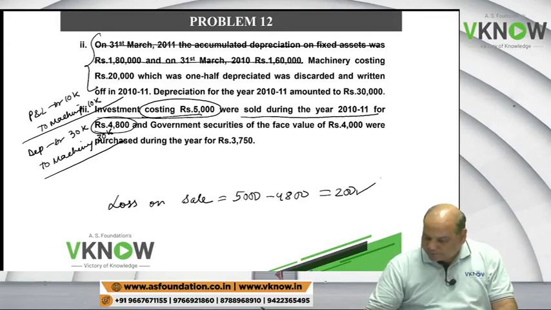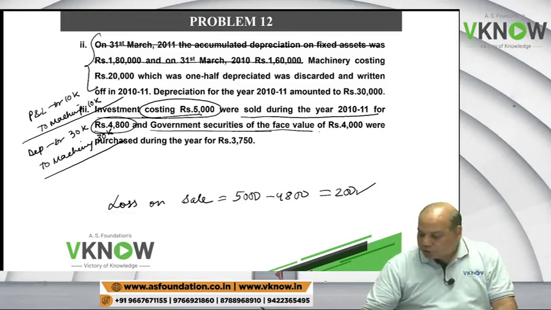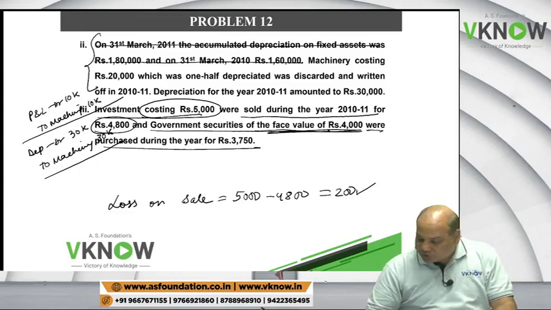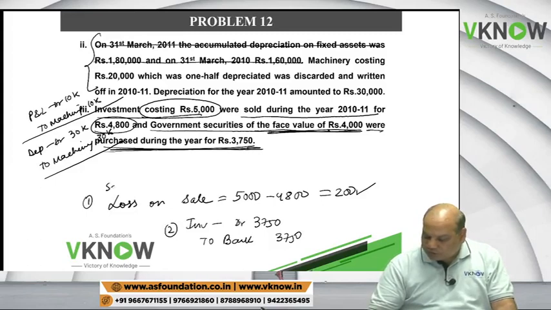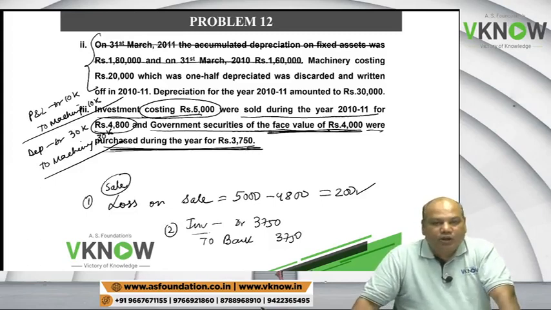This is one entry. And government security of the face value 4,000 were purchased during the year for 3,750. So investment account debit 3,750 to bank 3,750.